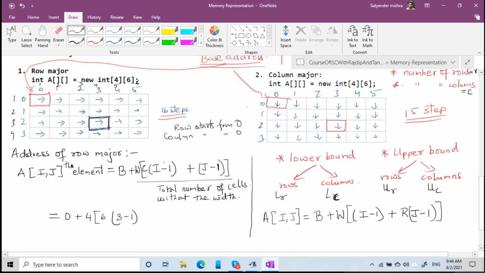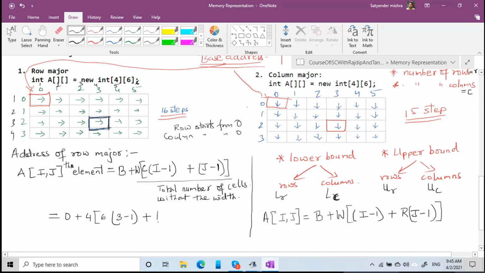If you don't want to do this minus 1, you can directly write 2, 3. I have done the minus 1 for a purpose: I'm writing it here to make it a more generalized form.